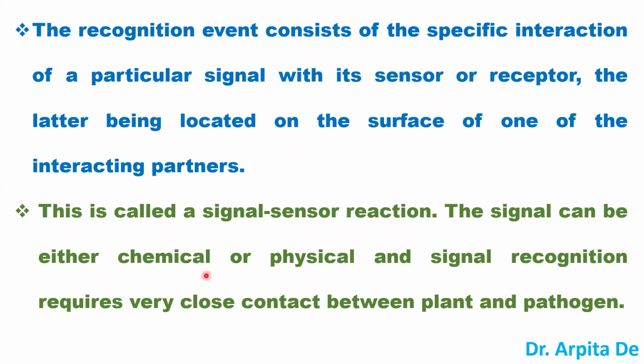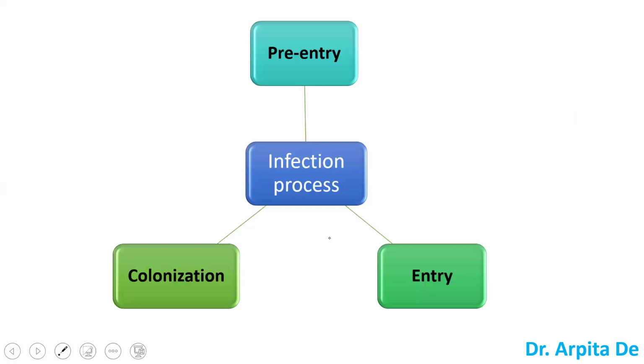The signal can be either chemical or physical, and signal recognition requires very close contact between plant and pathogen. Recognition cannot happen if they are distantly located. So, close contact is one of the first and foremost criteria that has to be met in order to have successful recognition, entry, and colonization.